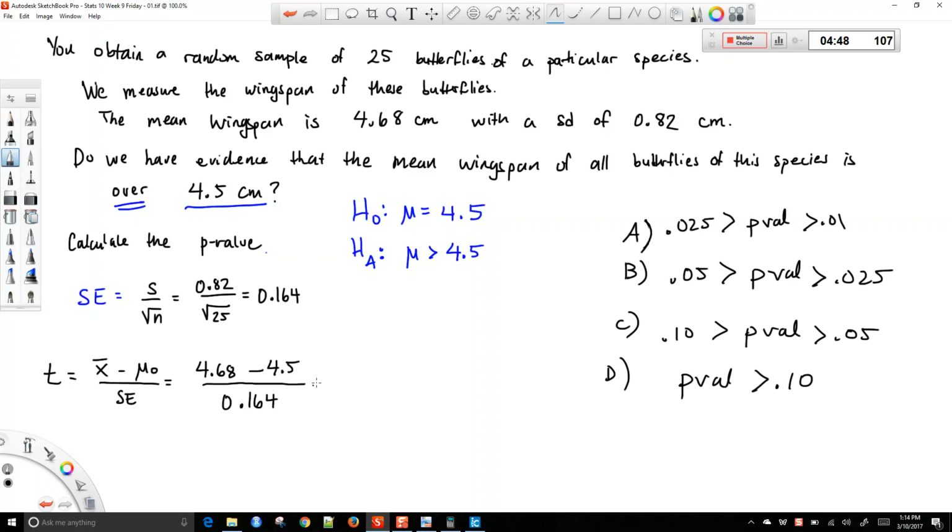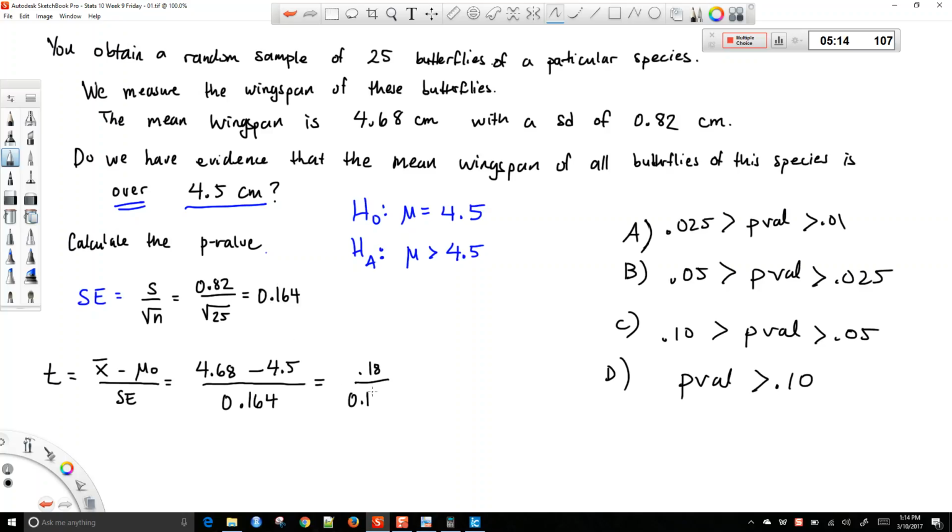Okay? Effectively, we're asking, if this null hypothesis were true, I would expect my sample averages to be around 4.5. I observed 4.68. Is that a big difference or not? That difference is 0.18. Is that big? Big depends on our standard error.